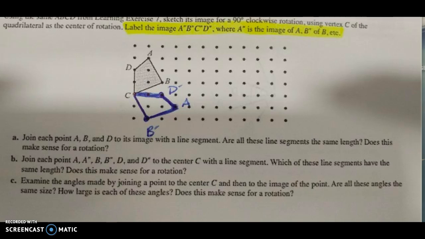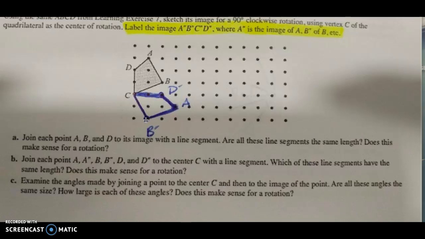Number 8 asks to rotate clockwise 90 degrees from the vertex C on this quadrilateral. So here's C, and this is the original point, and you rotate that 90 degrees. So you're here, this would be your B prime.